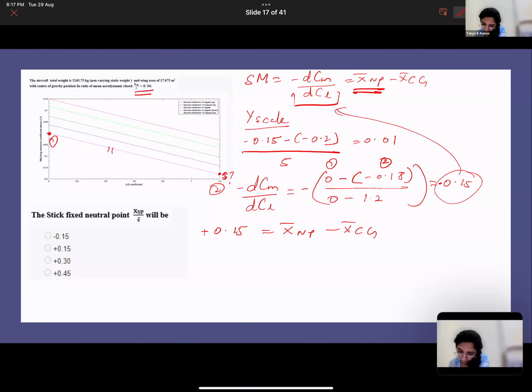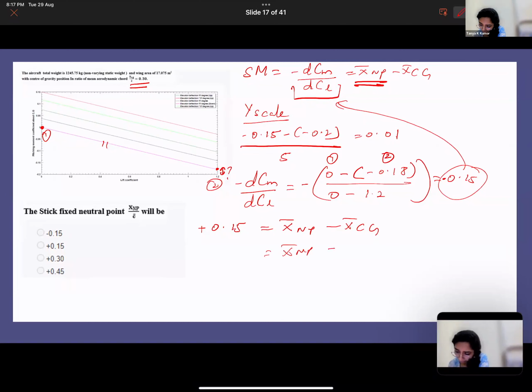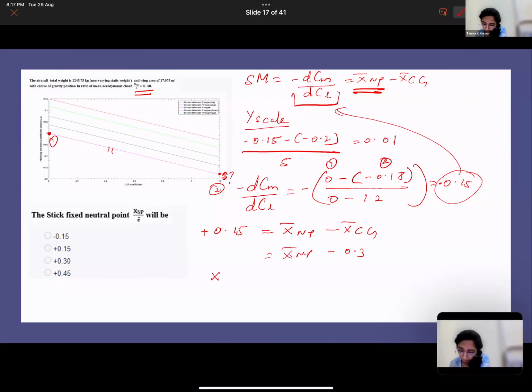It's minus DCM upon DCL. Yes, so this is x bar NP minus 0.3. So how much is x bar NP? What is the value? Just take the 0.3 on the other side. What is x bar NP? Simple addition.